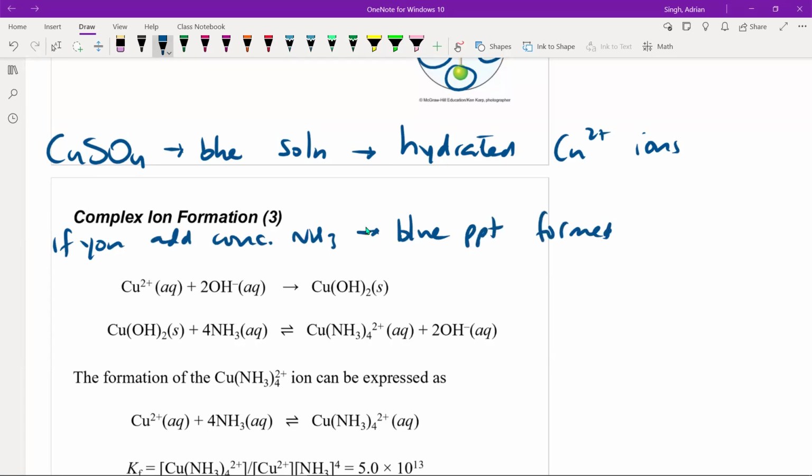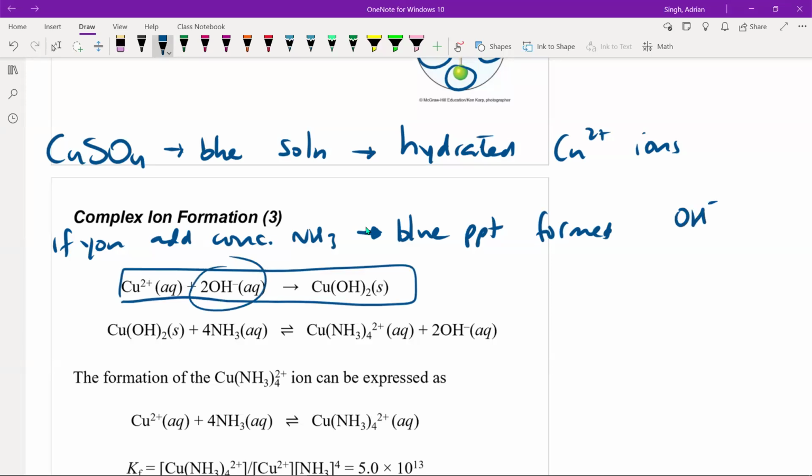That happens because the hydroxide ions, OH minus, combine with the copper ion to form copper(II) hydroxide. Where is the hydroxide ion coming from? The hydroxide ion comes from the ammonia.